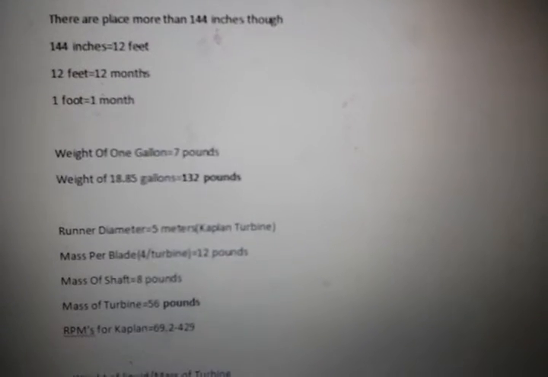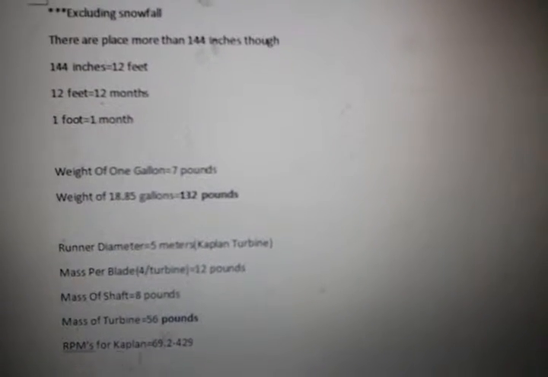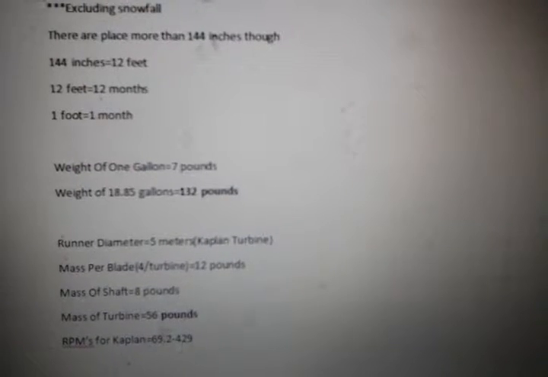So now we take the RPM and we multiply that by 60 and we get 277 RPMs. So just to make sure again, Kaplan uses 69.2 to 429. So that really gives us a head-on that we can reach that level with the amount of water we collect and the amount of energy we can generate.